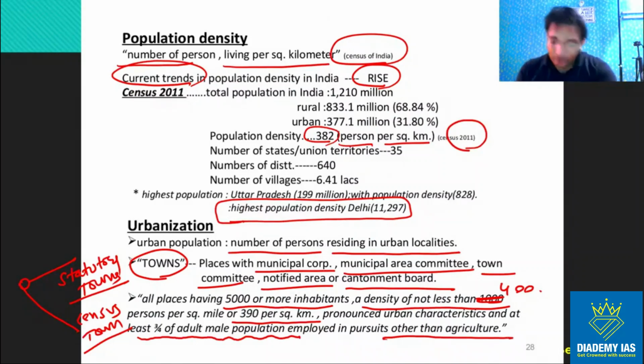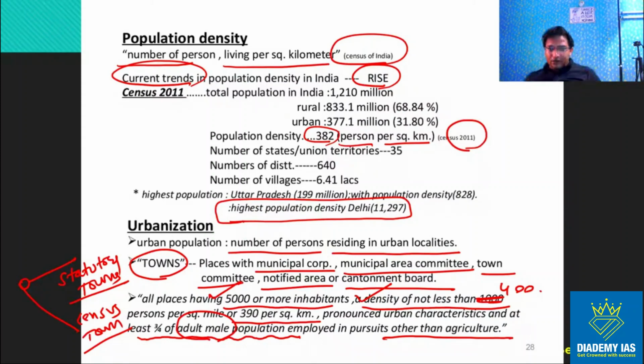So three criteria: the total population is 5,000 or more, the density is 400 or more per square kilometer, and at least 75% of adult males are employed in any work other than agriculture. So they are employed in industry, or in सर्विस सेक्टर एटसेट्रा, ठीक है? तो उसको बोलते हैं सेंसस टाउन, राइट?